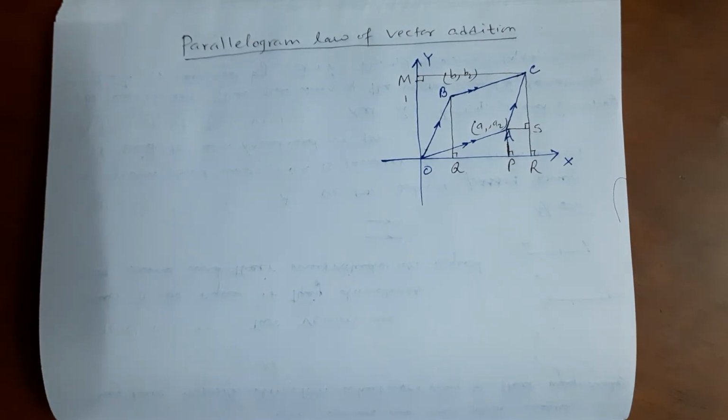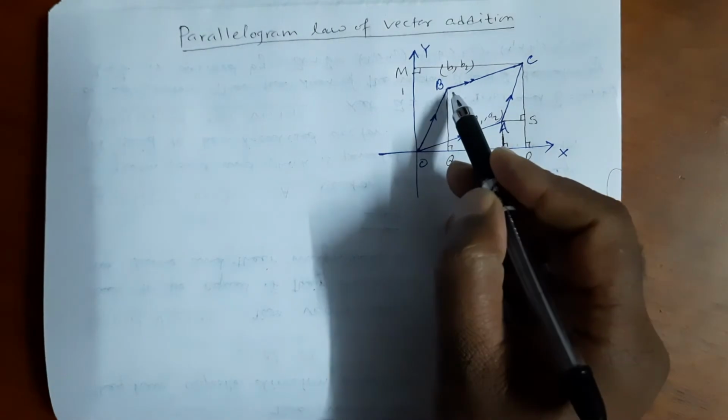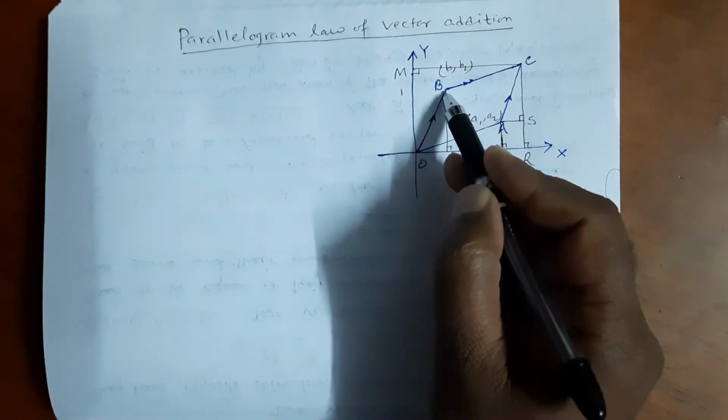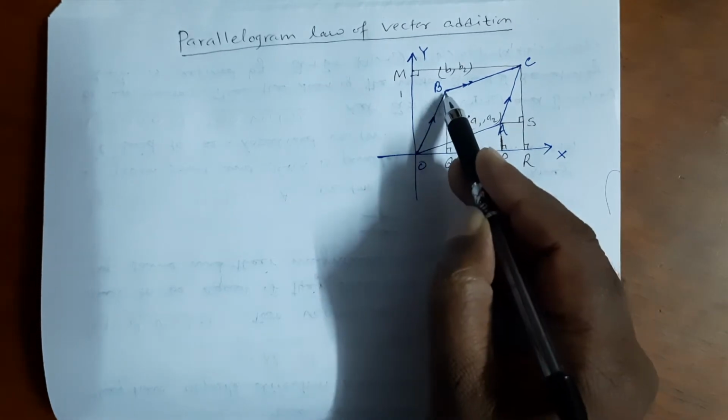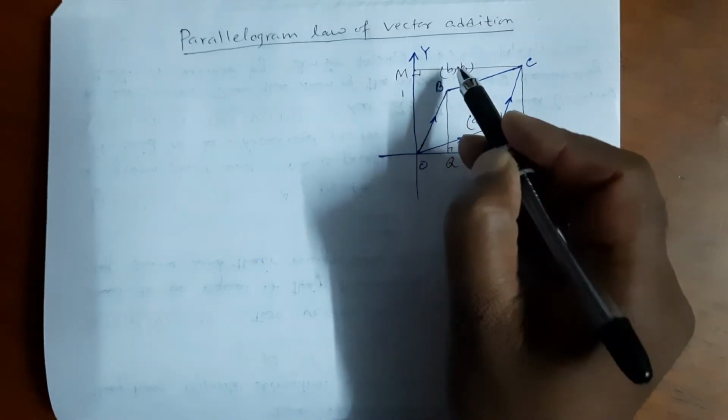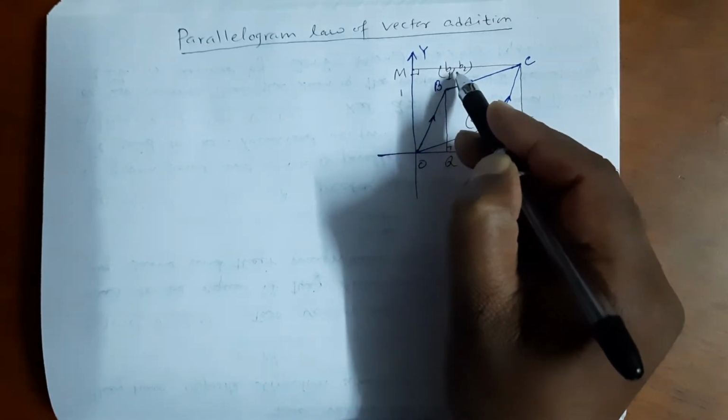Now here OB is (B1, B2), which means the coordinate of B is (B1, B2).